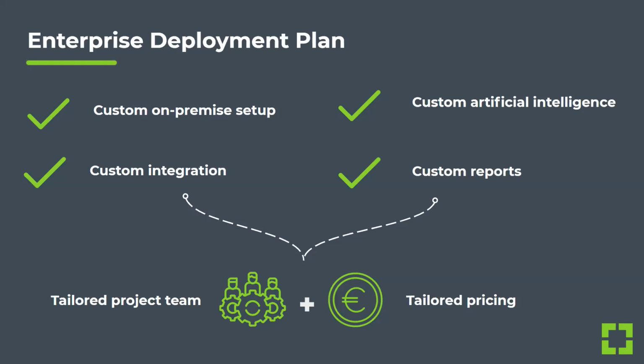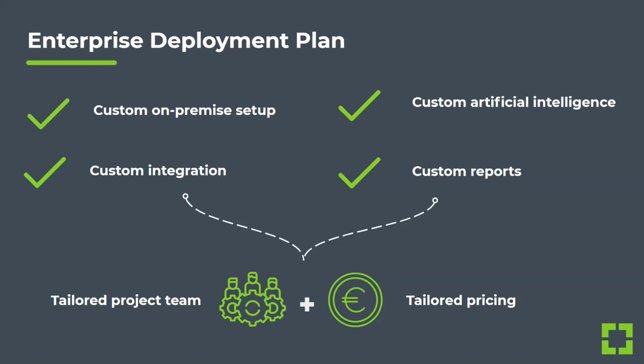With this enterprise plan, we are entering into a long-term relationship with the client and are happy to perform customization of the solution. This customization can be in the form of, for example, on-premise or on-site deployment of the processing units, including the central cloud platform, then custom integration to third-party systems which are in your infrastructure already.